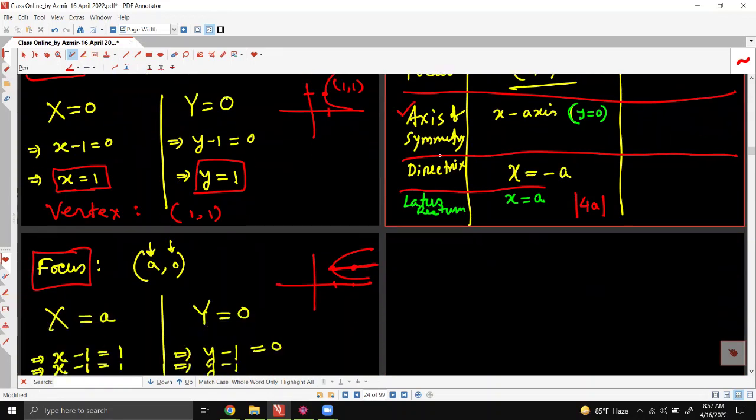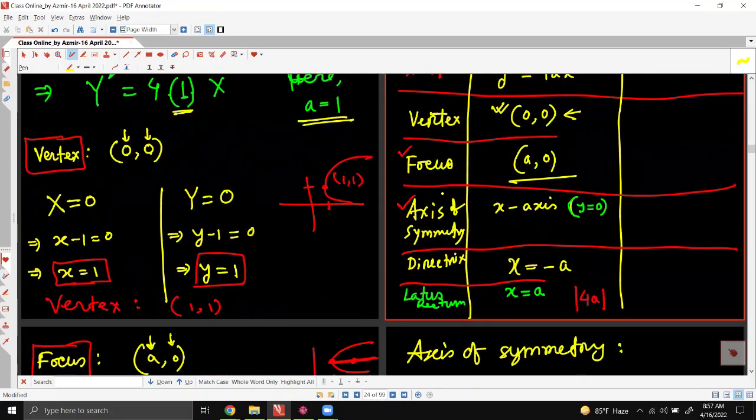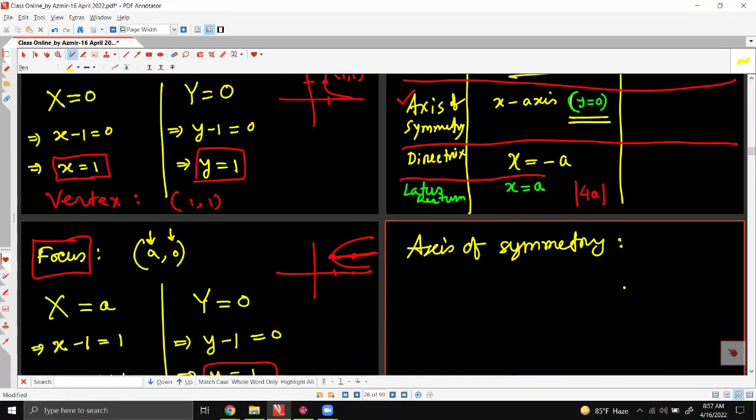Now axis of symmetry. For y squared equals 4ax, the axis of symmetry is the x-axis or y equals 0.